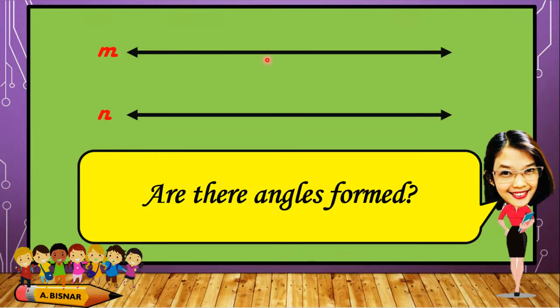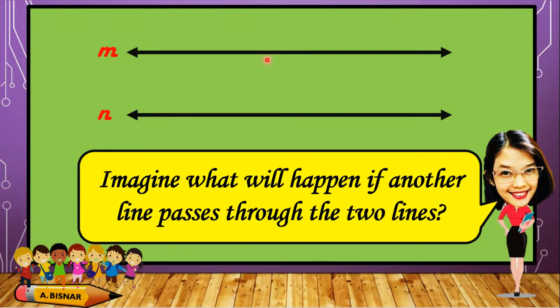None of it. Now, what will happen if you're going to imagine this. Imagine what will happen if another line passes through those two lines. So, isipin nyo, meron daw isang linya na nagpasses through dun sa two lines that are parallel. What do you think may happen? Imagine first.